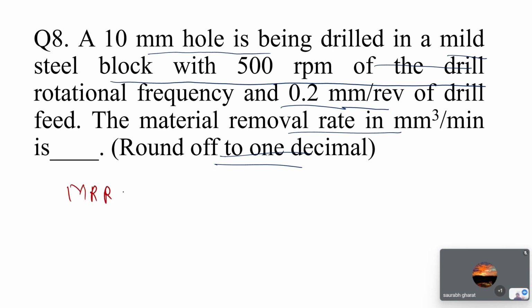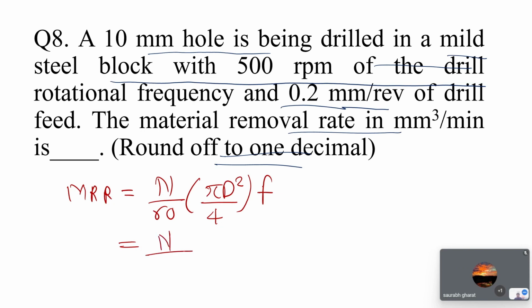So your MRR formula will be N by 60 into πD²/4 into feed. This is quite a different formula. You have your N, which is 500.